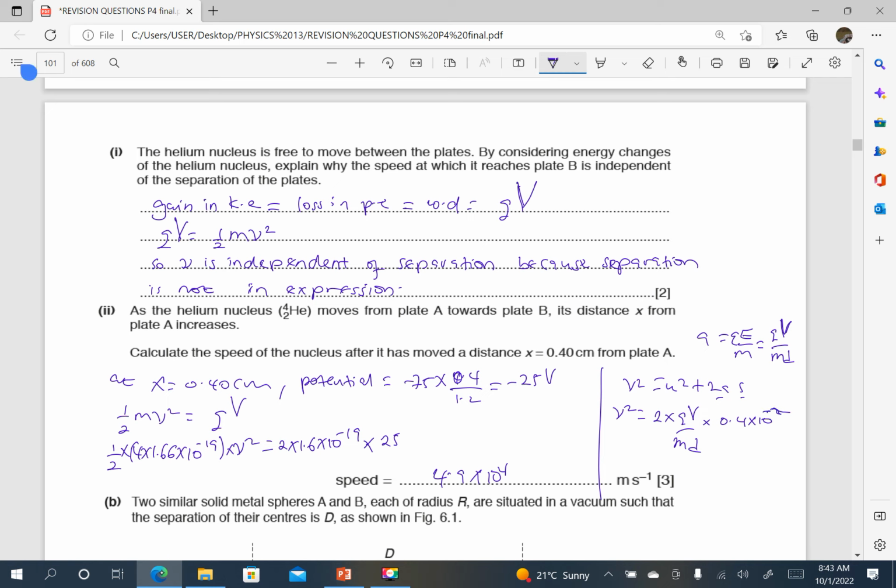You can now substitute 2 times the charge times the potential between the plates, which is 75, over the mass of the alpha particle times the distance d between the plates, which is 1.2. Of course, you see we have now 0.4 divided by 1.2 times 75, which is the same as the previous part, so it will give you the same answer as before.